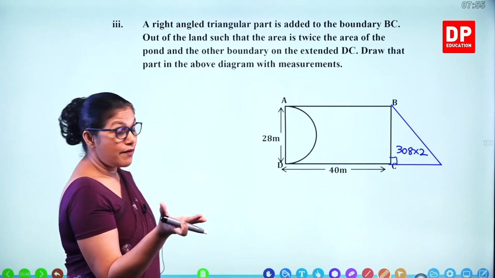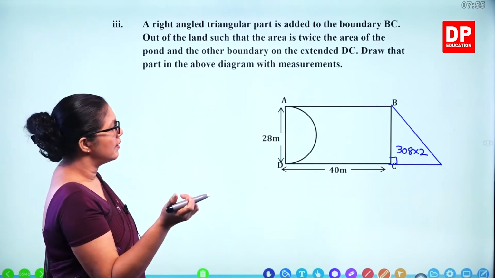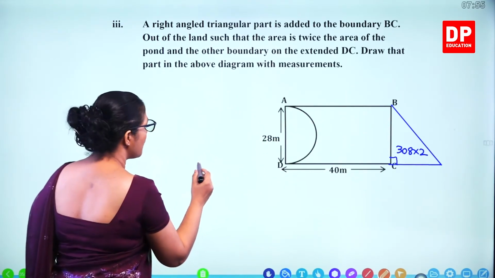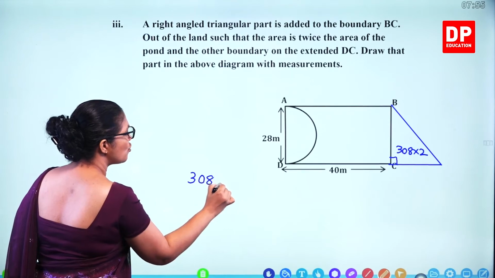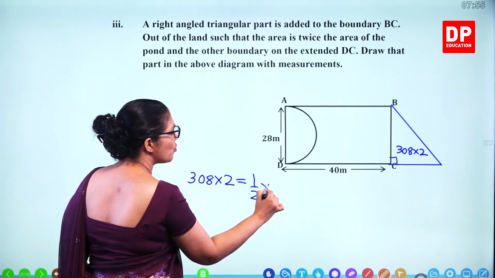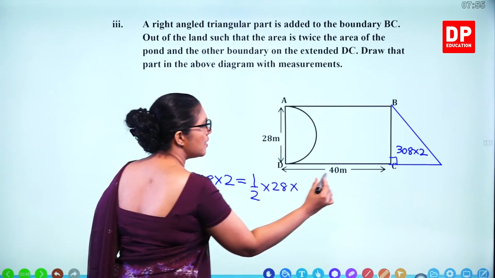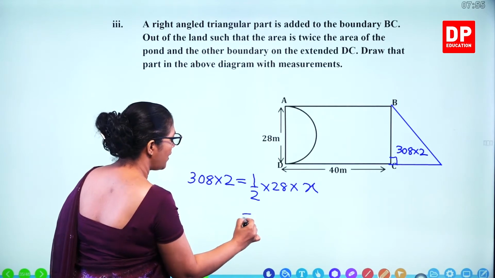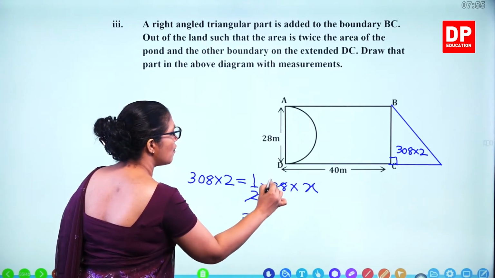So area of the triangle, this length is 28. So 308 into 2 should be equal to half into 28 times x. We'll put x as this length. So we'll find out first 2 times 14.